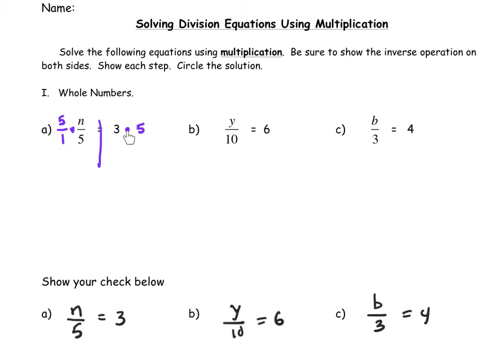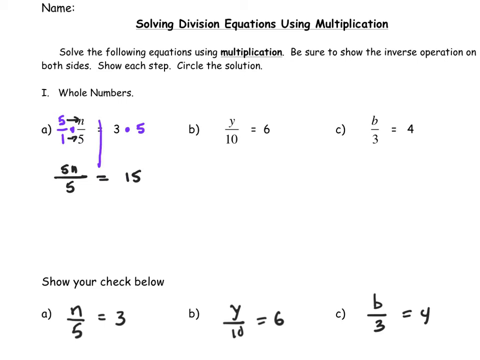I'm multiplying on both sides, so I'm doing the same inverse operation. And what this is going to accomplish for me is when I take 5 times n, I'm going to get 5n, and 1 times 5 is 5 on that particular side, and on the other side, 3 times 5 is 15.